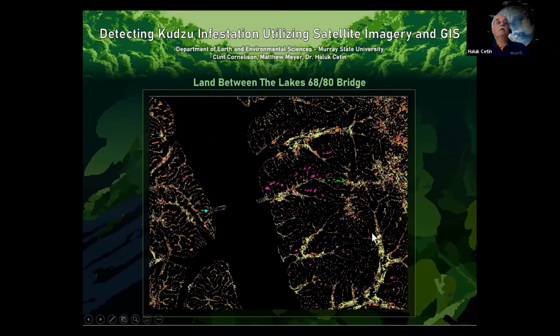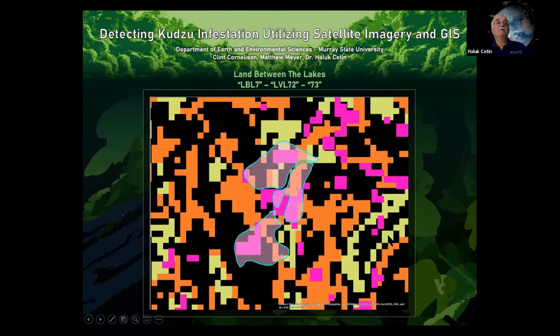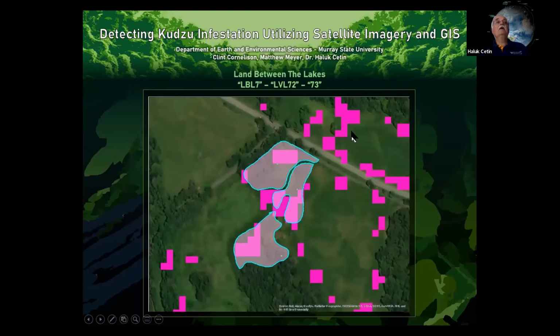Clint overlaid some of the known locations on top of classification results. These are the known locations, and as you can see, he managed to find those areas, and there were additional pixels.